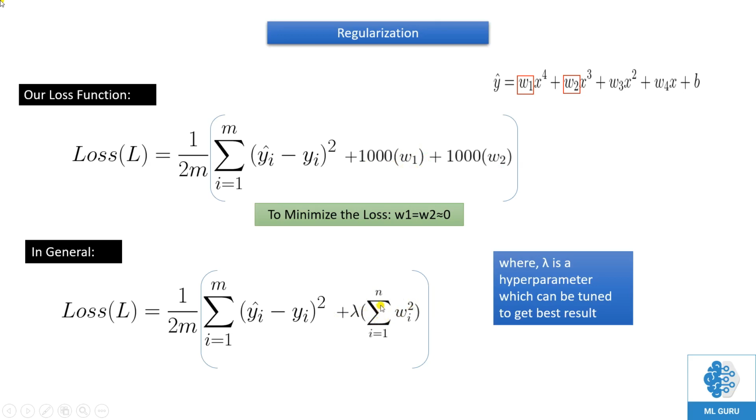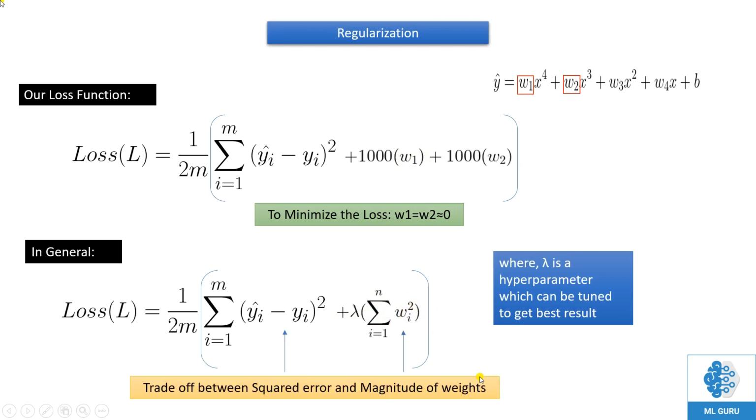And another thing which you can notice is we are putting the square of the weights. By doing so, there will be a trade-off between reducing the magnitude of these weights and minimizing the squared error loss. So it must not be the case that it will reduce all our weights to zero.